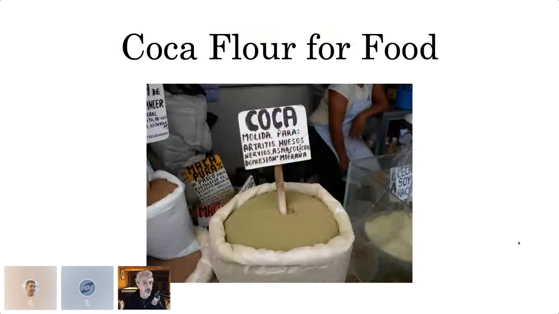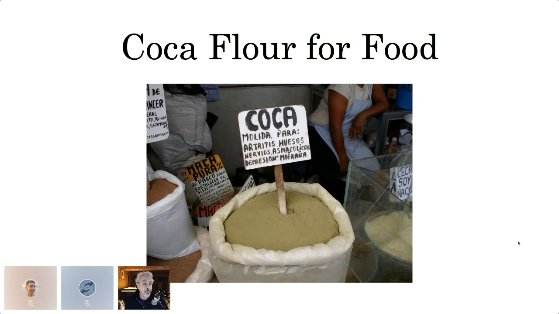There is another use, though, for coca, and this is as flour for food. Coca is a nutritious substance. As I showed on an earlier slide, it has vitamins, minerals, and it is probably also the case that in addition to being cardioprotective, it is very good for digestion. There's more than a little bit of suggestion of that, and some studies that show that.